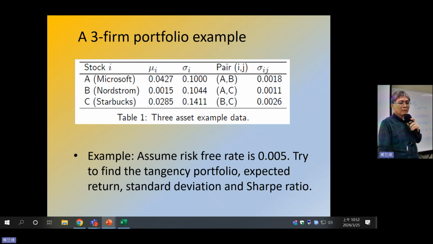But now we have some practice. Okay, so this is a three-firm portfolio. So now, for example, the first problem is that assume the risk-free rate is 0.005. Okay, try to find the tangency portfolio, expected return and standard deviation, and the Sharpe ratio.